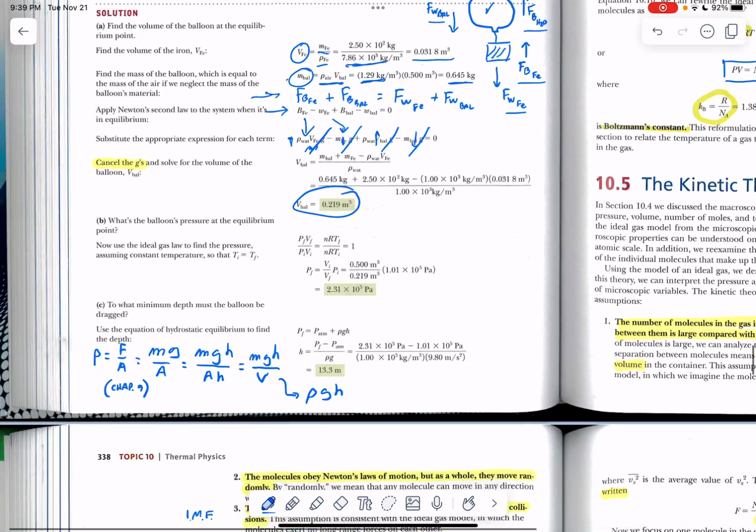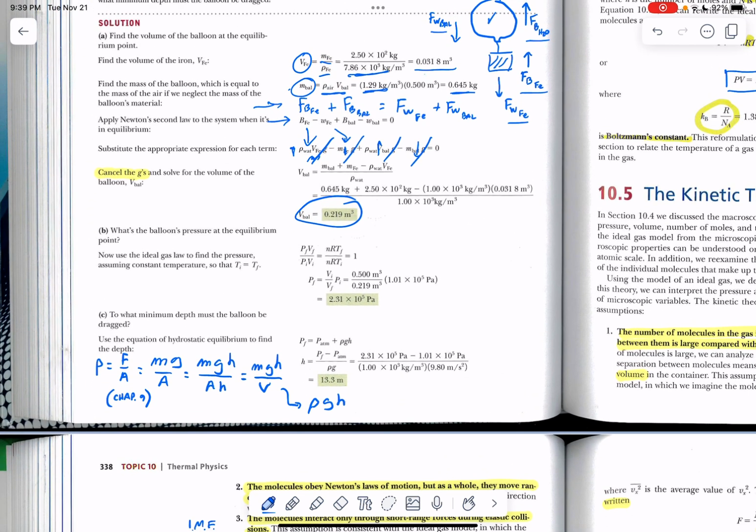So now when I come down here to part B, what is the balloon's pressure at this equilibrium? Once again, I can do PV over nT equals PV over nT, or the book's method, PV equals nRT final, PV equals nRT initial, and the top and the bottom have to equal each other.